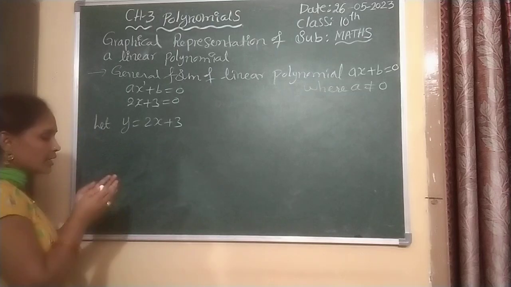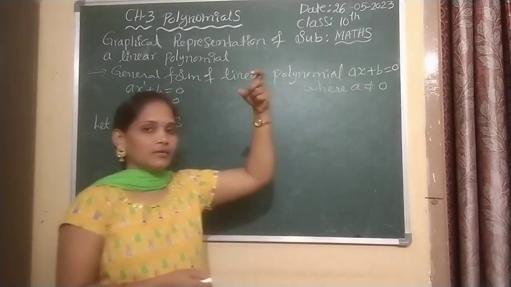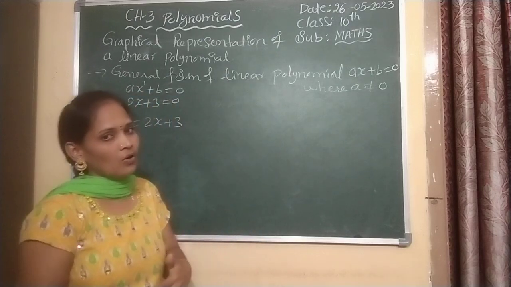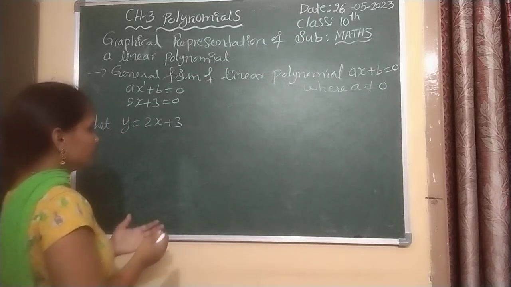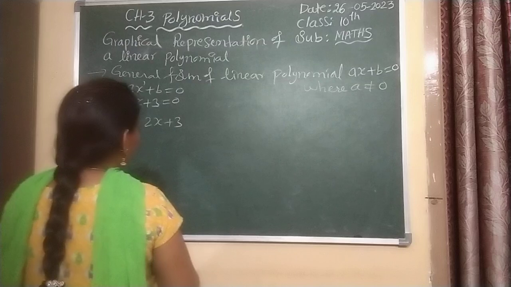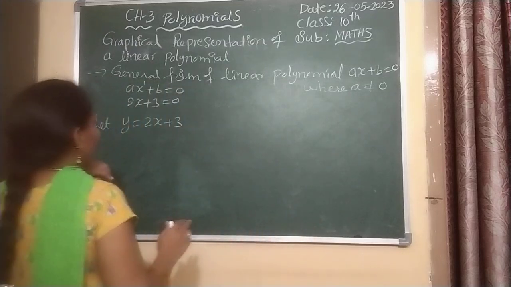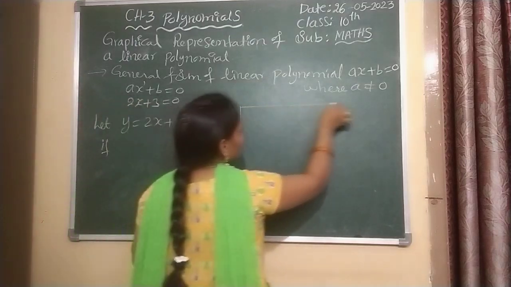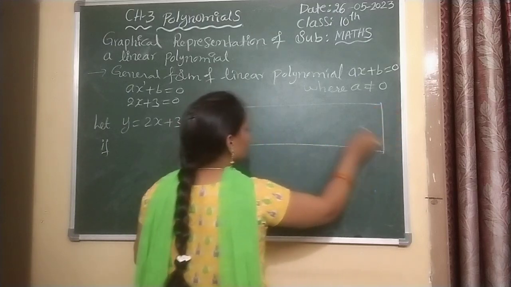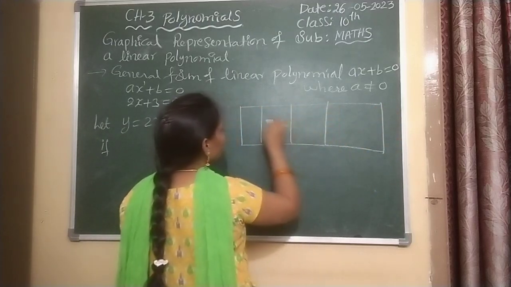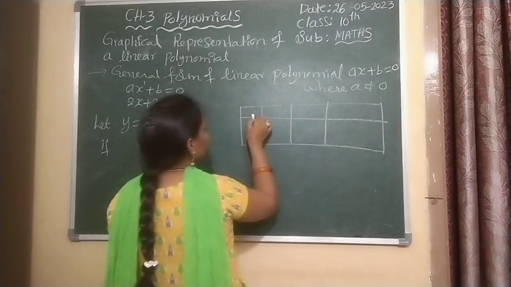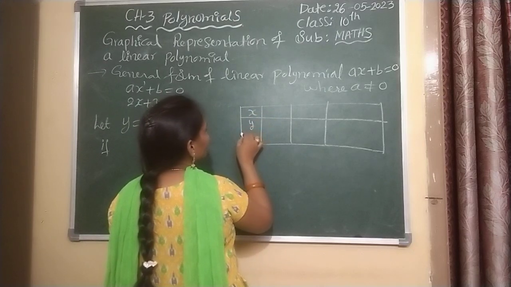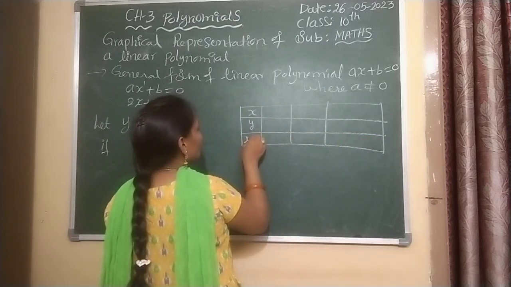Now we should find the x values and y values. Then we can plot the graph and understand whether it is a straight line or something else. I am taking only 4-5 values, which is enough. First I am finding the x, y values, in a table with columns x, y, and x comma y.